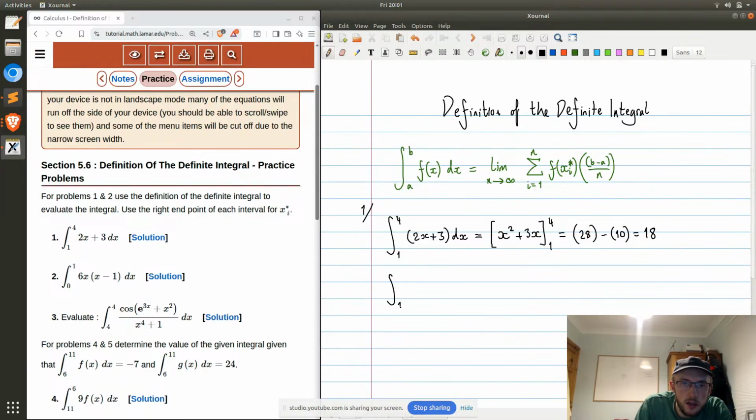So let's see if we can do it. I guess 4 minus 1, so it would be 3 over n, right?